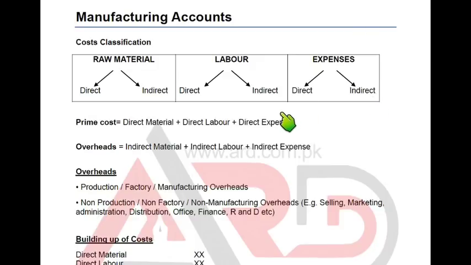Now, what constitutes a direct expense? A direct expense means an expense that can be traced, an example of which is royalty. Now, what does royalty mean? Royalty means if we are making a product that is not owned by us, we have taken a license from abroad, maybe the US, UK or some other country, and we are making this product in some Asian country.